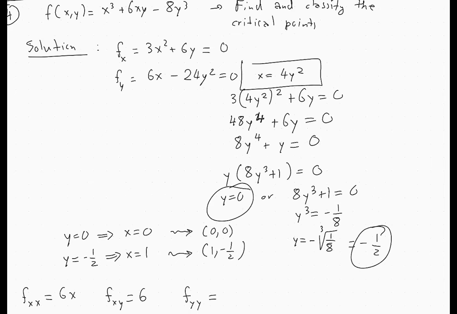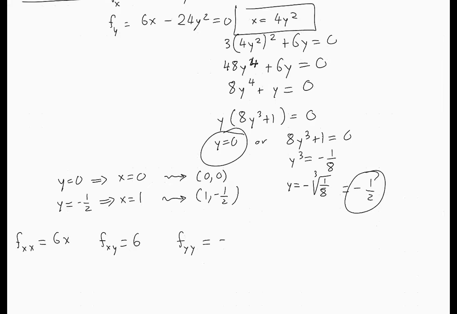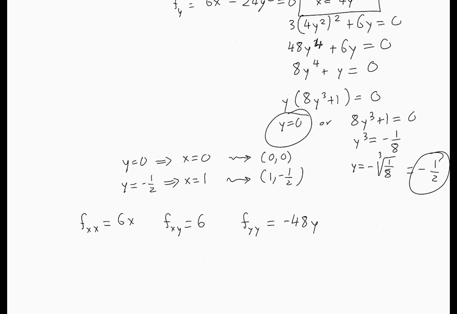So let's take point by point. So for 0, 0, what is d? Let's write it once so that we can see it. So it's f sub xx at 0, 0, f sub xy at 0, 0, f sub xy at 0, 0, and f sub yy at 0, 0.